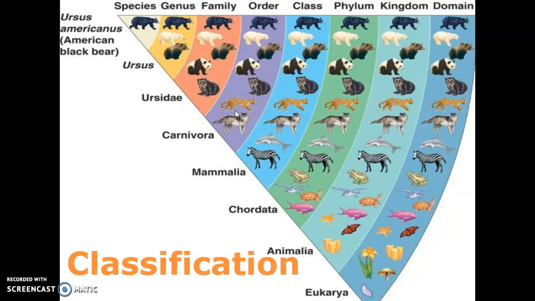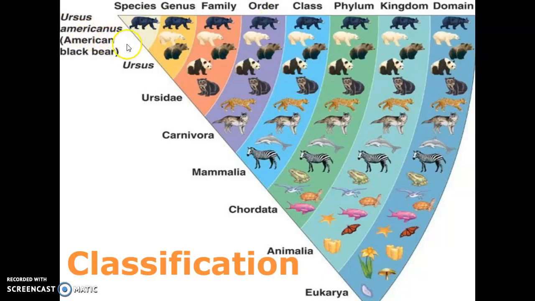So with Carnivora, we can think about having a diet of mostly meat, big teeth to tear flesh. So we just chopped out the zebras. Ursidae, so we've got our bears. And then going down to our genus, Ursus. So we just kicked out the panda bears. Goodbye.